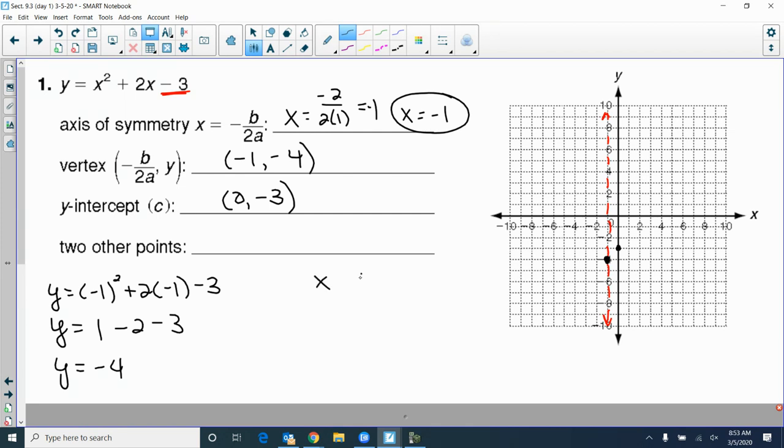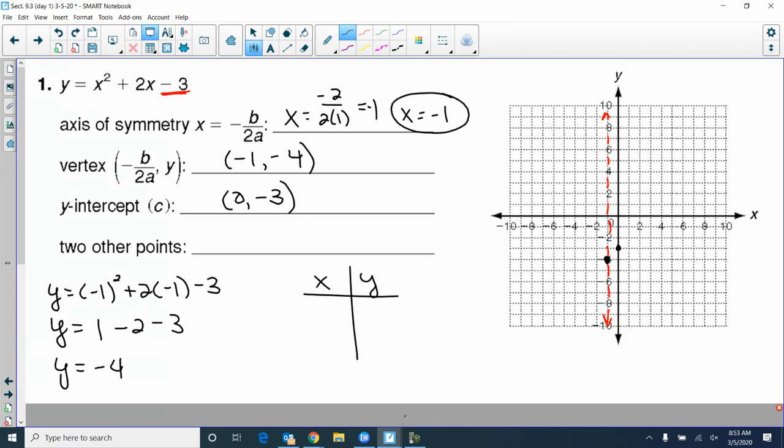What are the next 2? I'm just going to make a small xy table. What are the next 2 x values? You don't include the y-intercept, but what would be the next 2 x values I plug in? They got to be on the right-hand side. So skip over the 0 because we already have that.